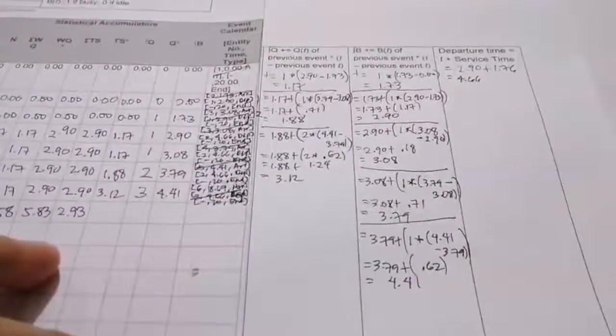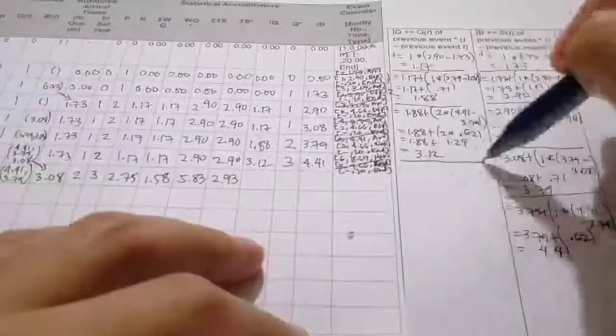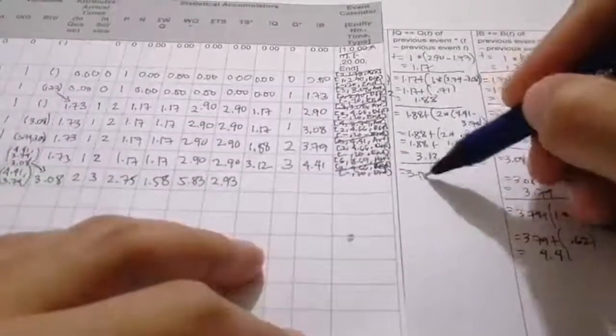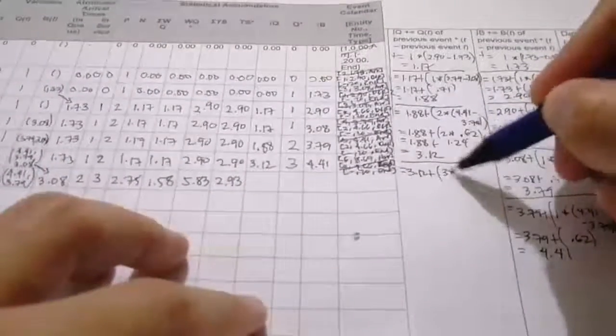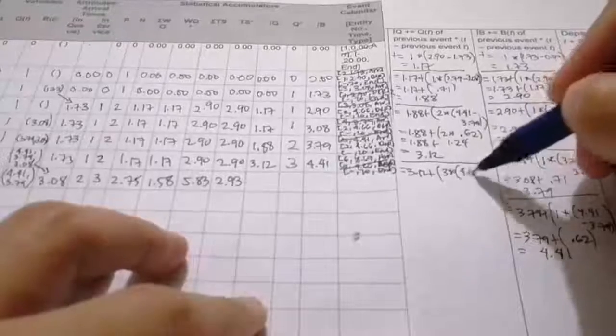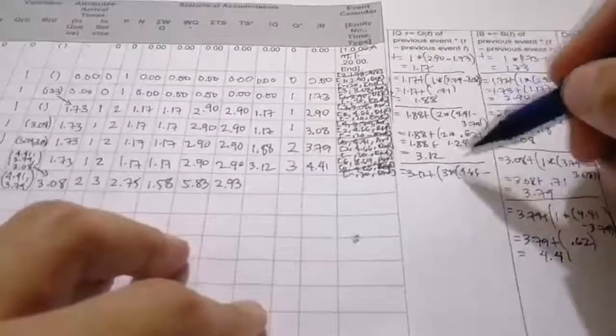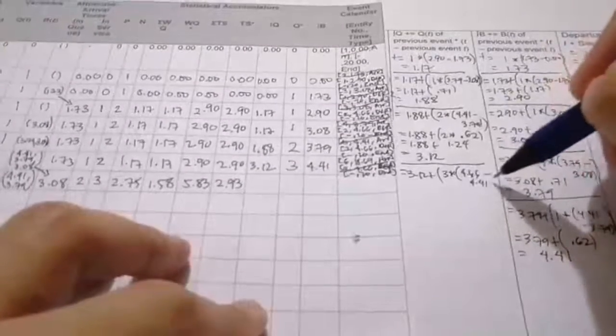Area of Q, meron pagbabago. Kasi may area dito. May area dito. So, let's compute. Okay. Old value is 3.12 plus QT of previous event is 3. So, 3 times current time 4.66 minus previous event time 4.41.